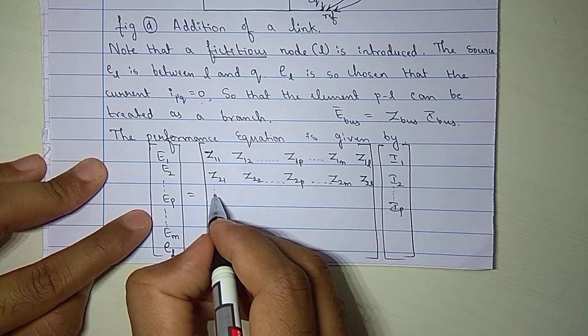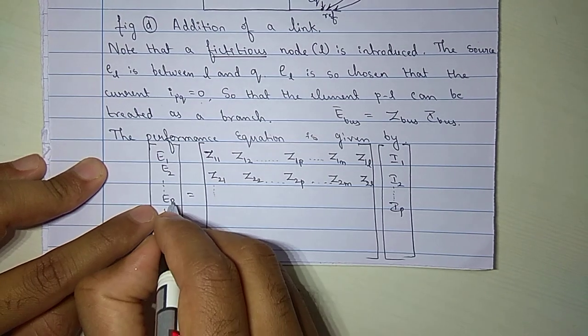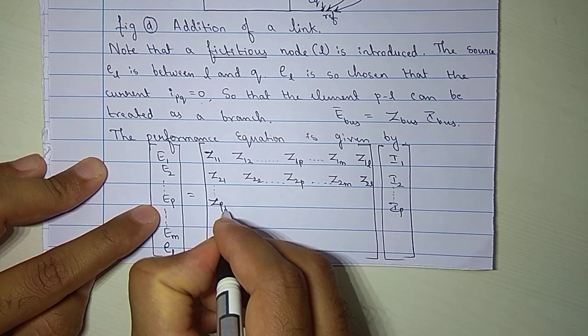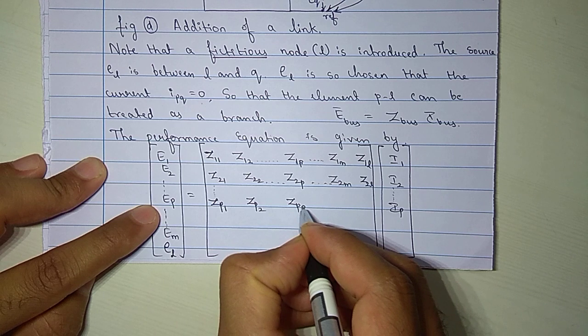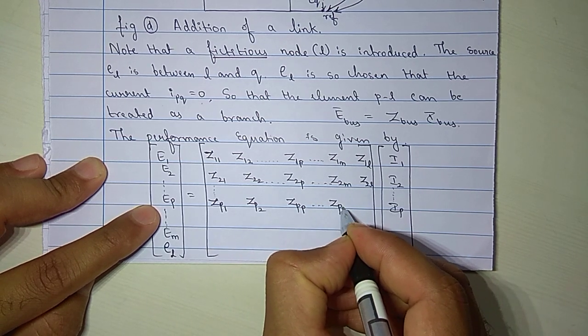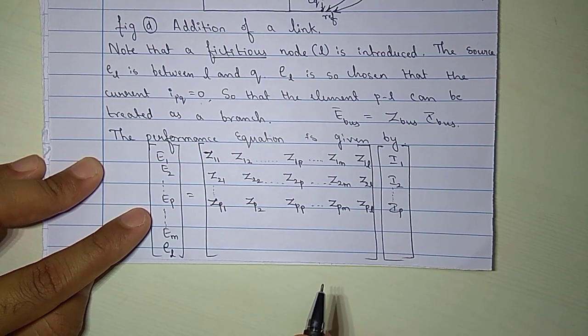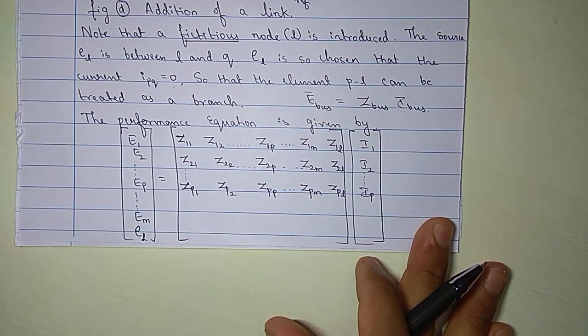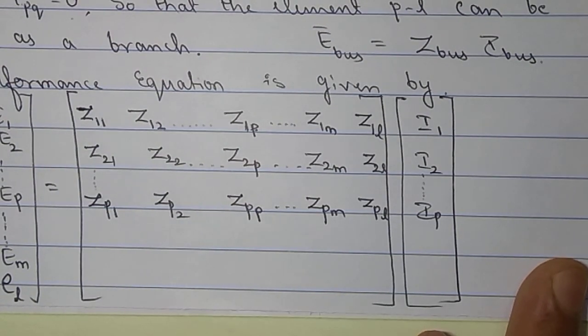Here also it varies from Z21, Z31, Z41 and so on. Finally, I will be getting here ZP1, ZP2, ZPP, ZPM, ZPL. Is that okay? Hope you all are understanding this.